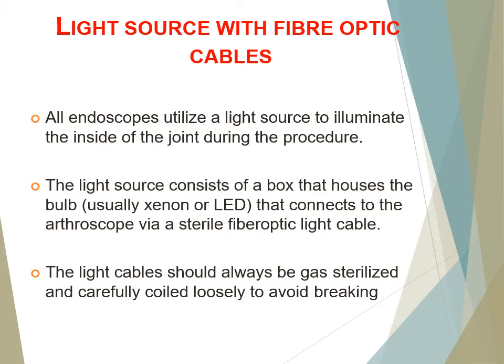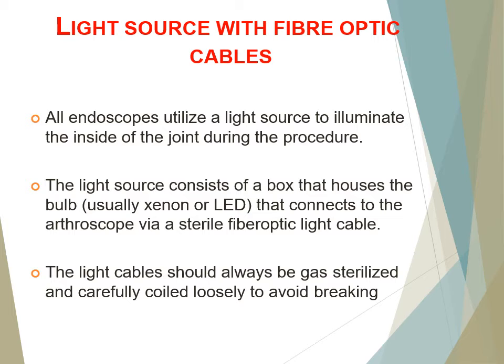Now, light is also a very important aspect. You really need to have a light source to illuminate the inside. Of course, it would be dark; there's no light inside. Usually we use xenon or LED in the light source, because LED has no heat, no. You can also use gas sterilization.